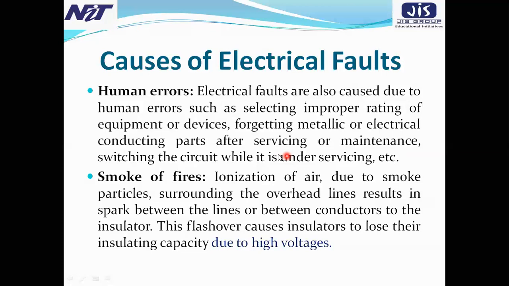The next one is the smoke of fires. Ionization of air due to smoke particles surrounding the overhead lines results in a spark between the lines or between conductors and the insulator. This flashover causes insulators to lose their insulating capacity due to high voltage.